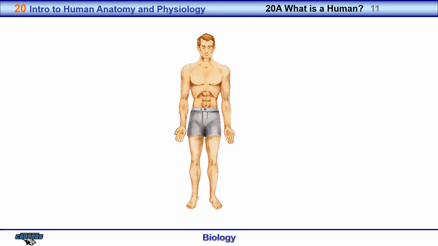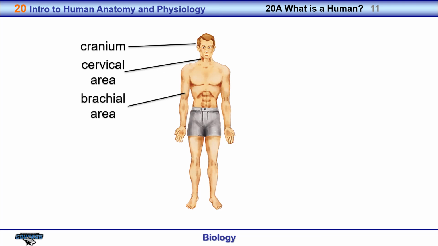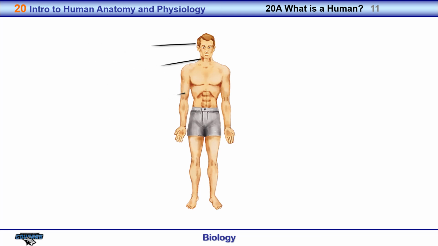So let's look at some other names that we have associated with the human body. The cranium is the head region of our body. The cervical area is our neck. The brachial area is our arm. The trunk is everything from our shoulders down to where our legs are attached.